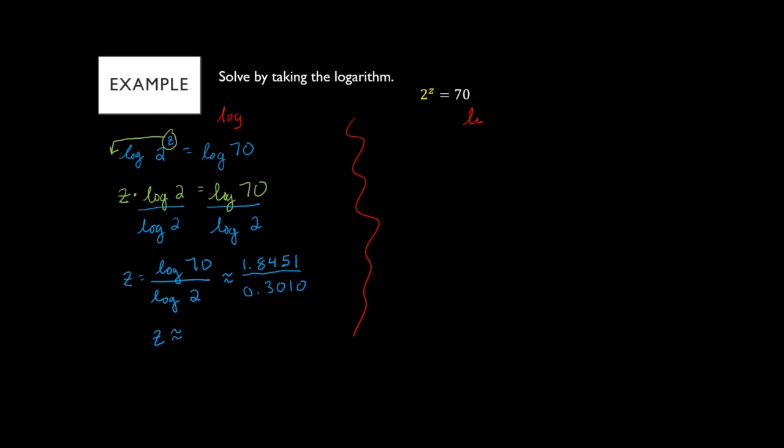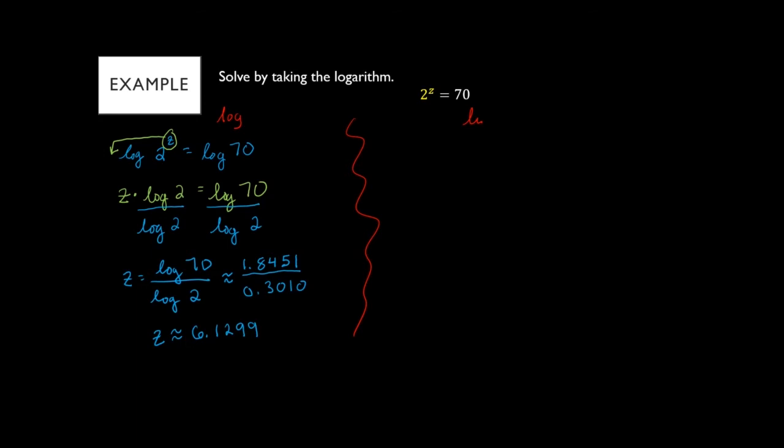And then you're going to divide those. 1.8451 divided by 0.3010. And then that gives me 6.1299 when I round to 4 decimal places. So that's our answer. And with logarithms, you rarely get whole numbers. And they cannot be written as fractions. They're irrational, so we have to write them as decimals.